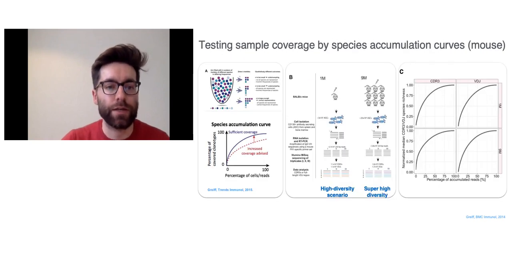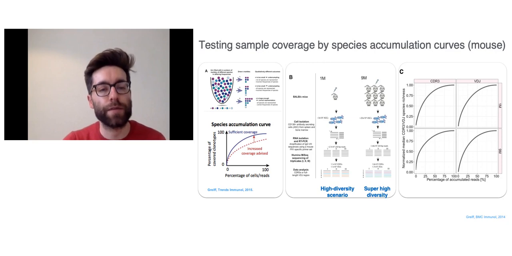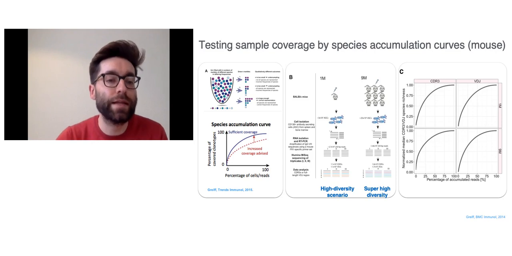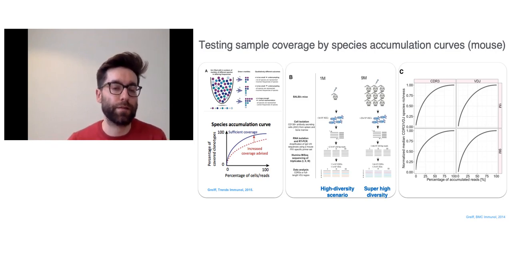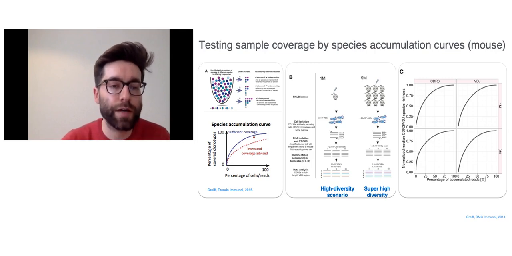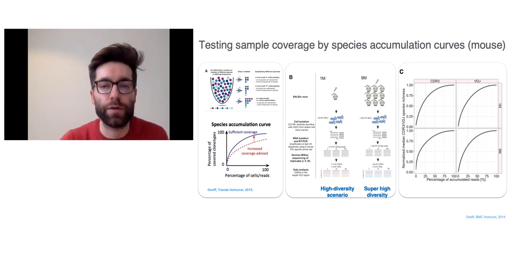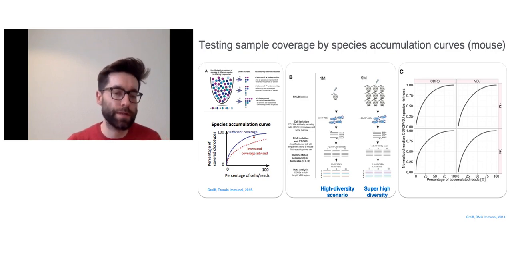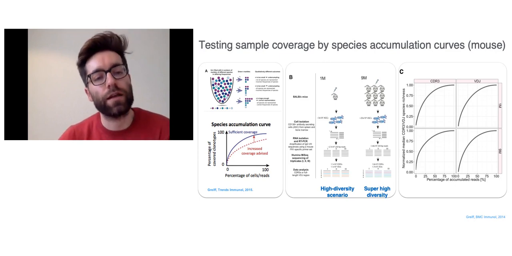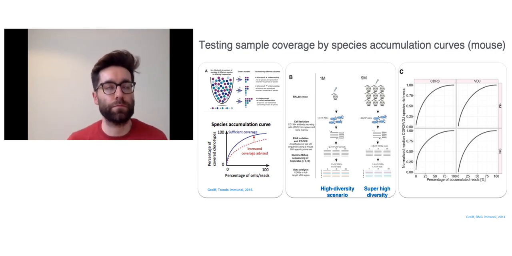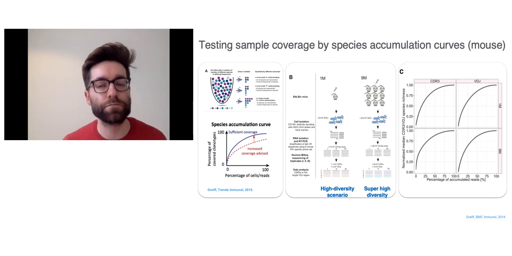Yes, and you can look at how good your sampling coverage is by using these species accumulation curves, where you look at the percentage of reads and how many clonotypes you have covered by sampling those reads. Most of the time, your curve will not level off like this; it will probably be in the middle of the curve.